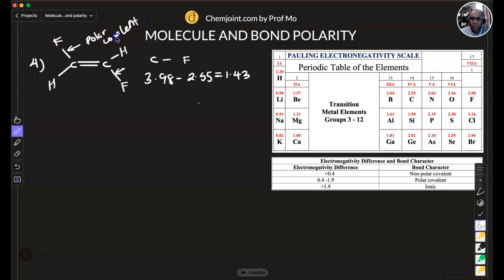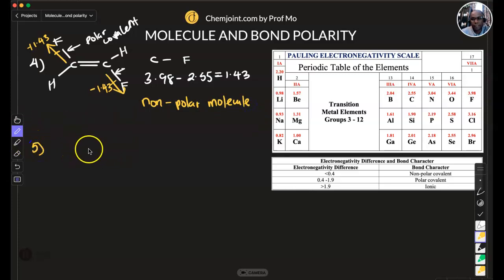Who is more electronegative? It's the fluorine, so the dipole moments point towards the fluorine. Again, you have cancellation, such that if this is 1.43, this will be negative 1.43. Overall, this molecule is non-polar, even though it has polar covalent bonds.